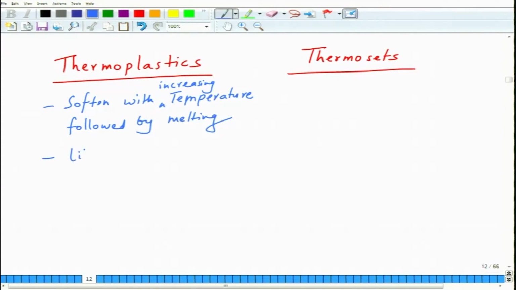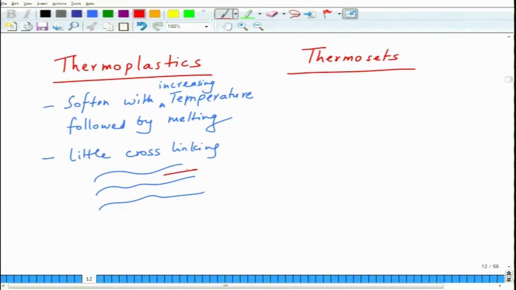They have very little cross linking between chains. So, if you have chains of polymers, there is very little cross linking. And they are typically ductile.